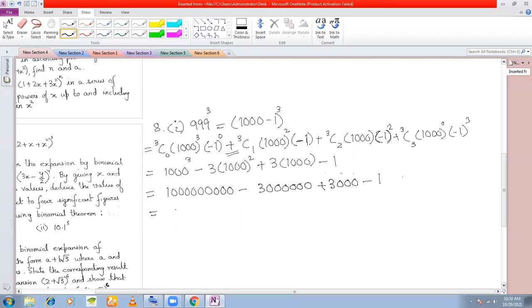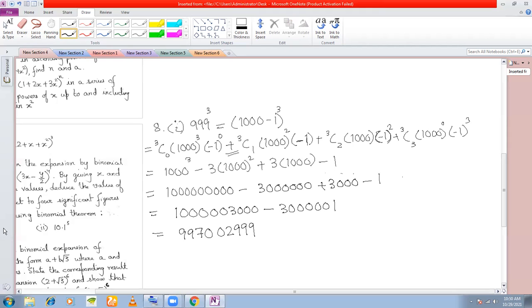Now you add up the addition signs first, and you add up the subtraction signs. So you get 997002999, and that is how you find out the value of 999 cube by binomial theorem.